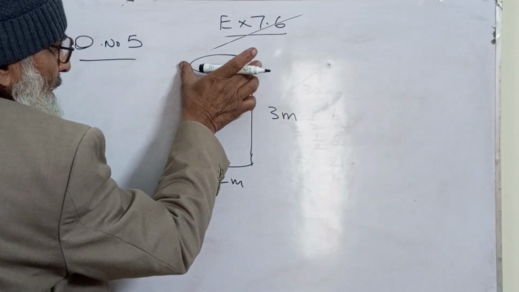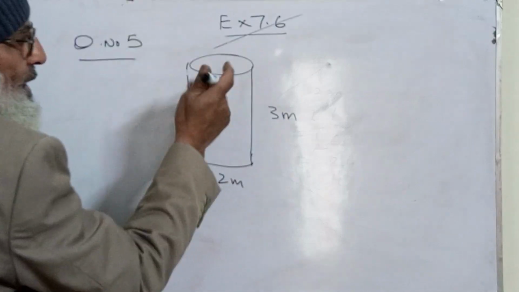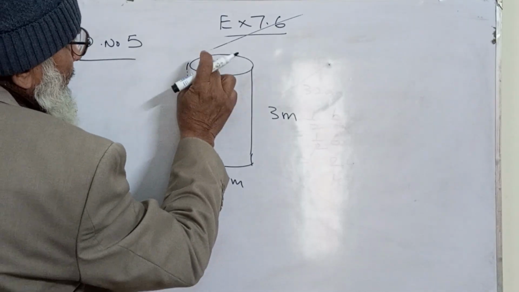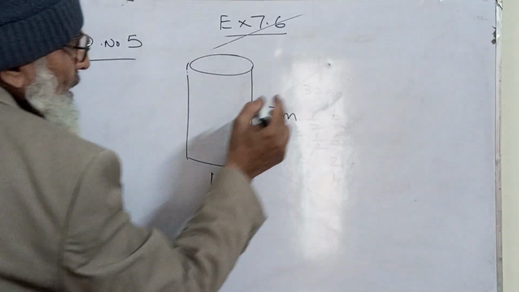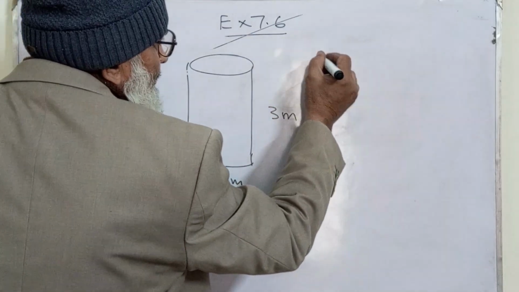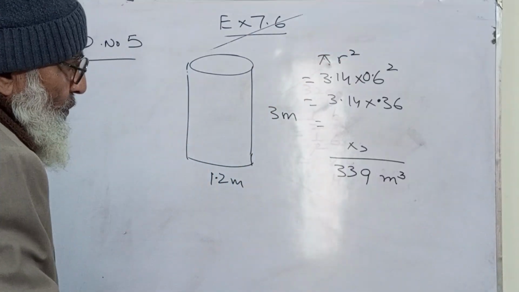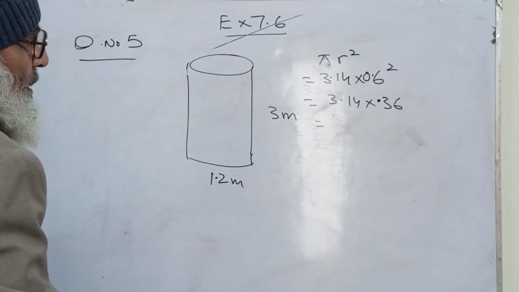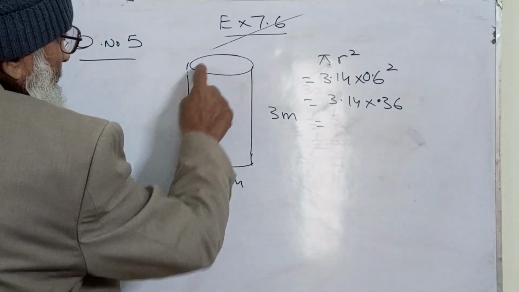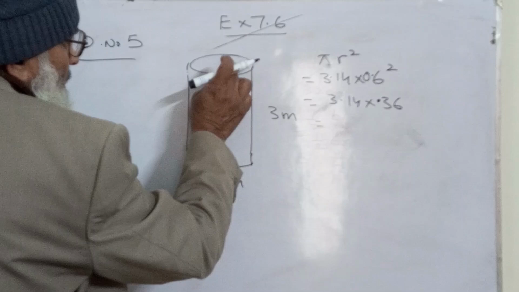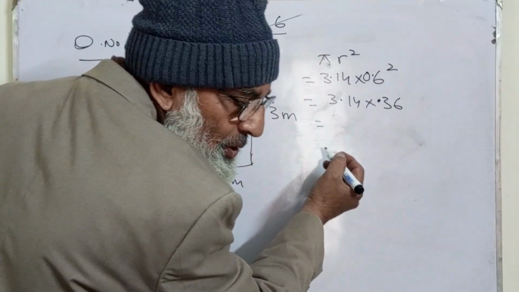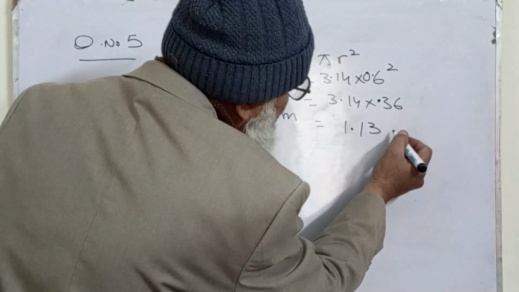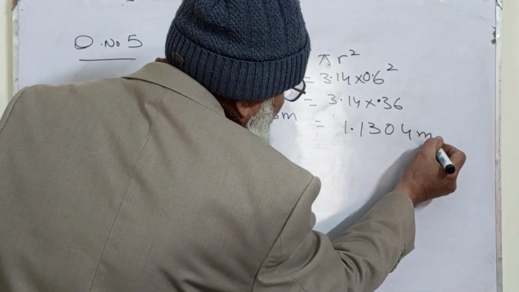We will take the cross section area. Now the cross section area is this. So the cross section area of the circle, the area of a circle is pi r square. Now the area of the circle is equal to 1.1304 meter square.